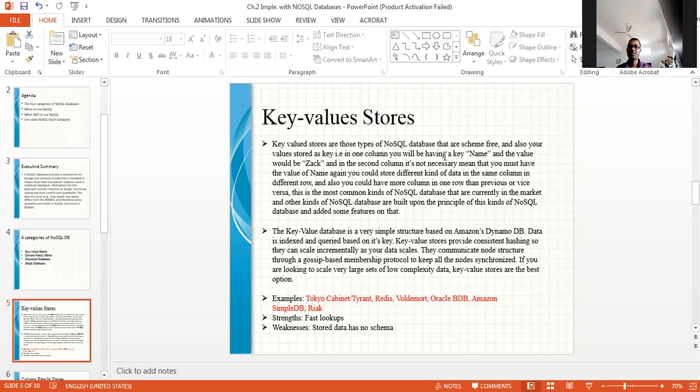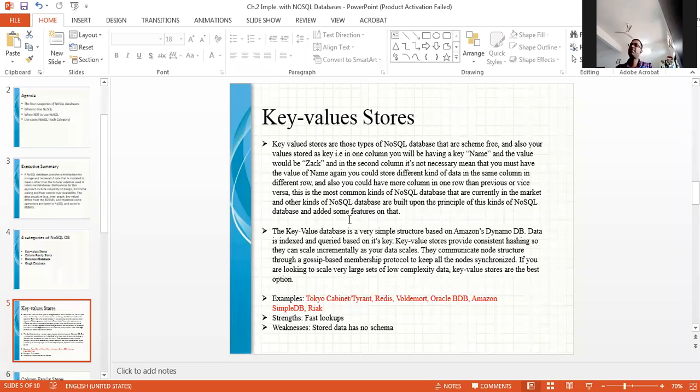Your family chat. Tell me. Okay, it's not our key point. So they can communicate to keep all nodes synchronized.